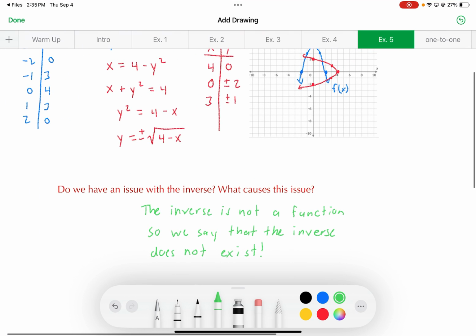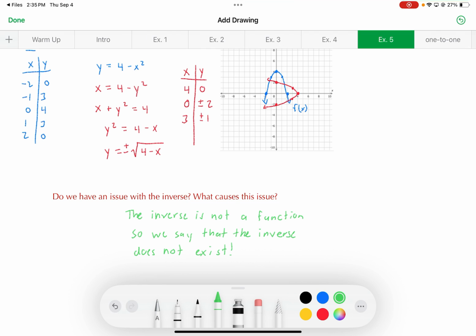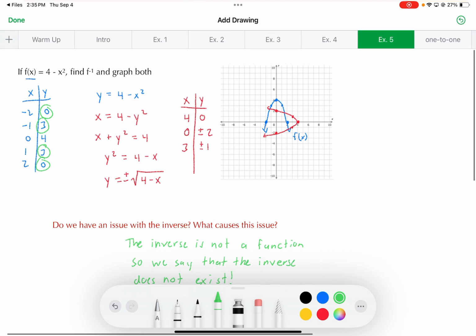Okay, and the reason it's not a function is because the original function f had repeat y values. See those 3's and these 0's? Those repeat y's turn into repeat x's when you switch the domain and the range, right? Okay? So this function f is not what we call 1-to-1.